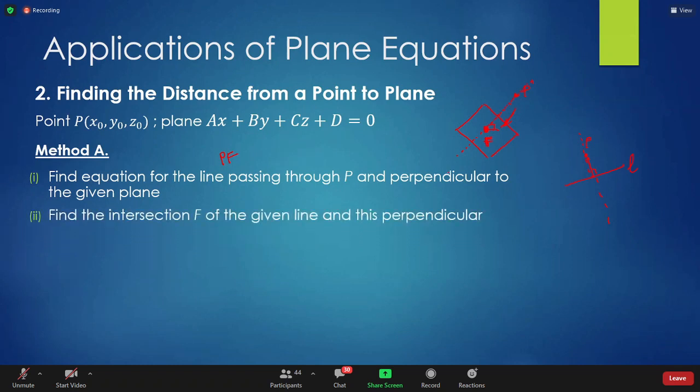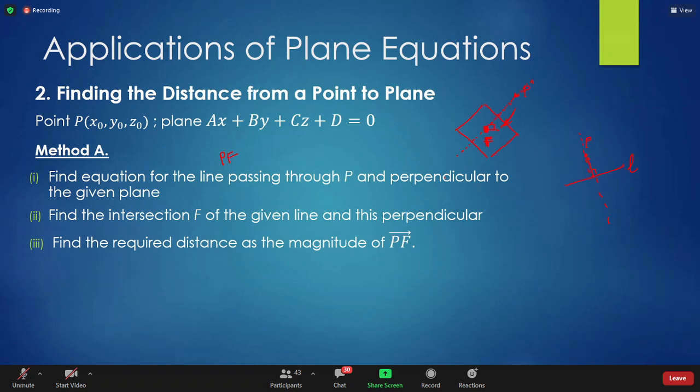And when we have the intersection point F, and we already know the point P from the very beginning, we can find the distance between the 2 points P and F. Or if you like, you can think in terms of vectors, it would be the magnitude of the vector PF. And that's the distance.